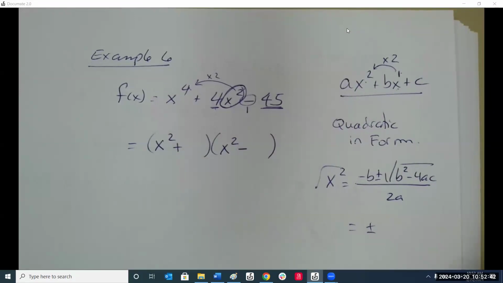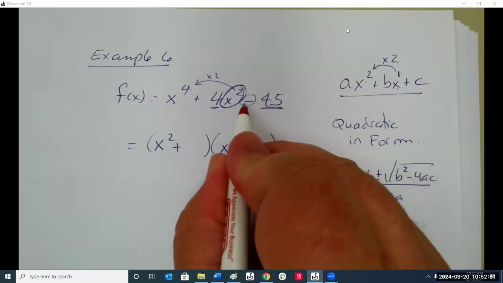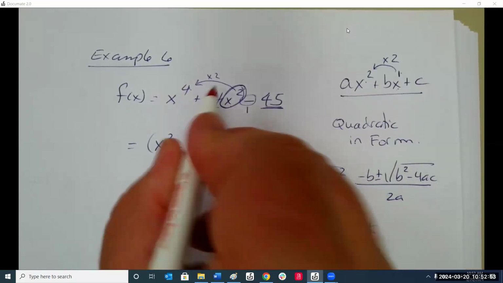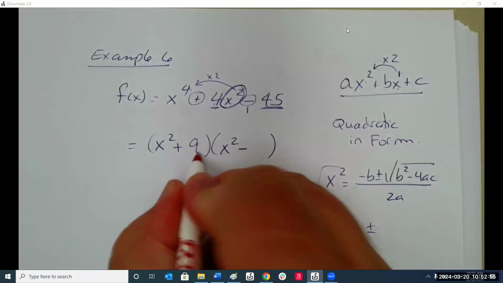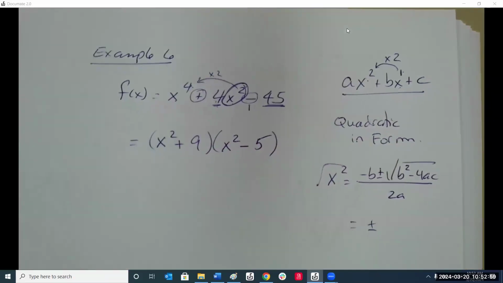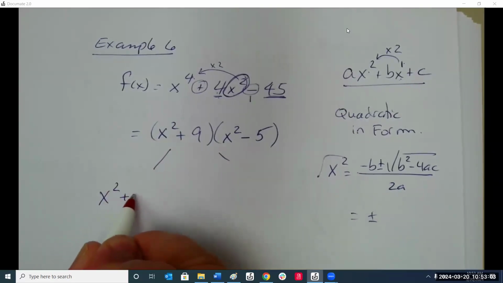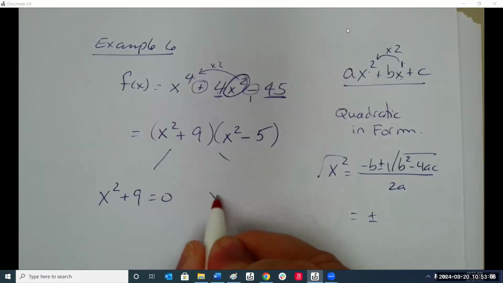5 times what? 9 times 5 is 45. 9 minus 5 is 4. So the bigger number gets the plus. So that's 9, and that's 5. So now we have to take both of these and set them equal to 0.